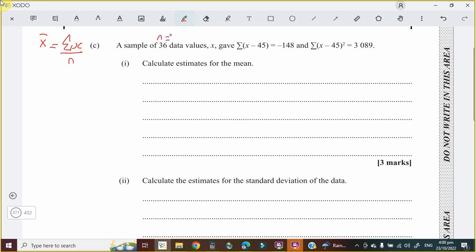We know n is 36, but they give us the sum of x minus 45. How we gonna do this now?